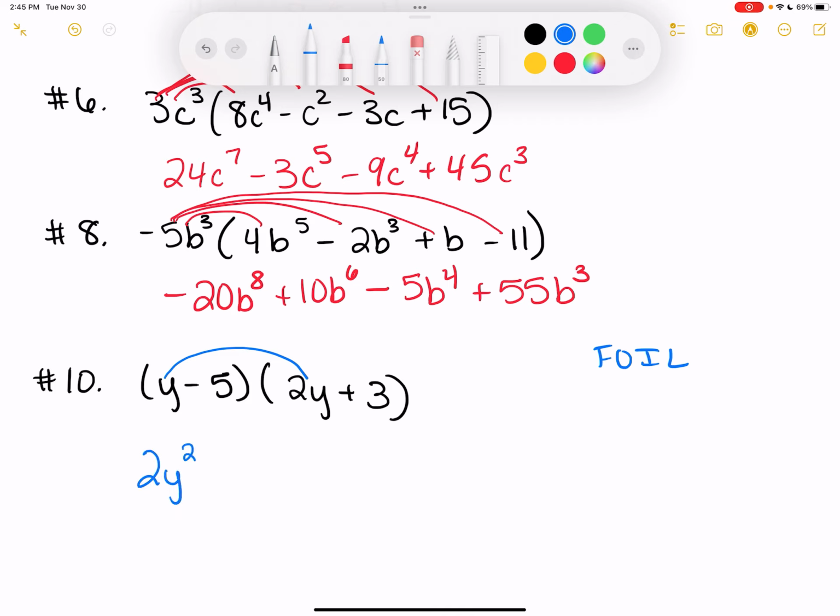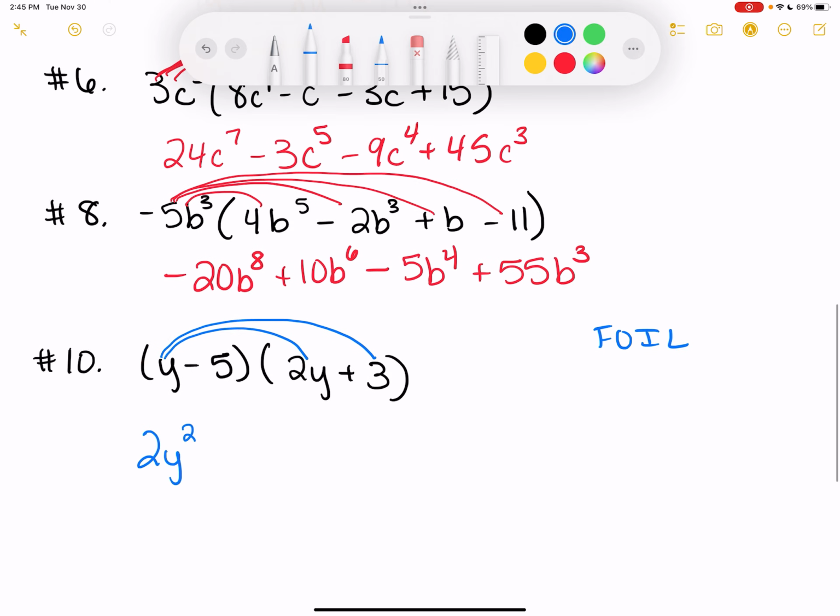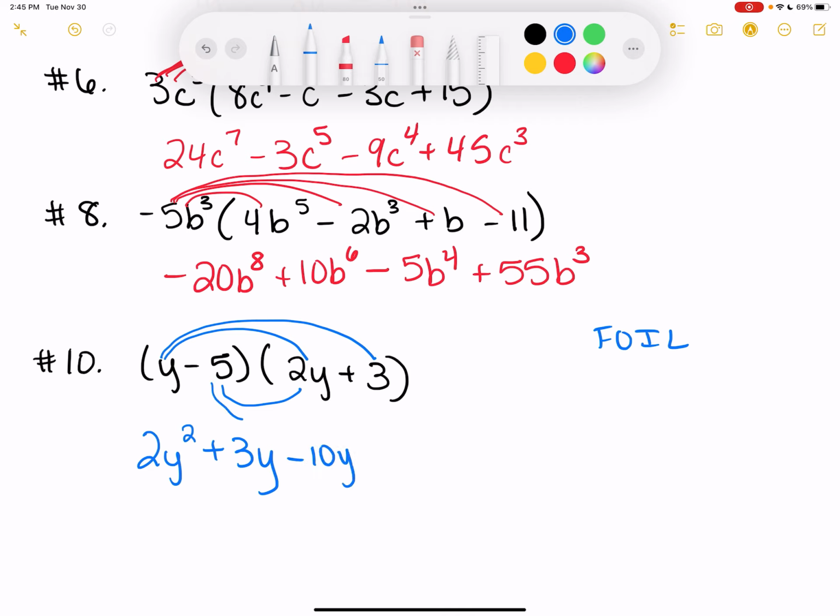Then we're going to do the outside term. That's y times 3, plus 3y. Inside terms, negative 5 times 2y, negative 10y. And then the last terms, negative 5 times 3, minus 15.